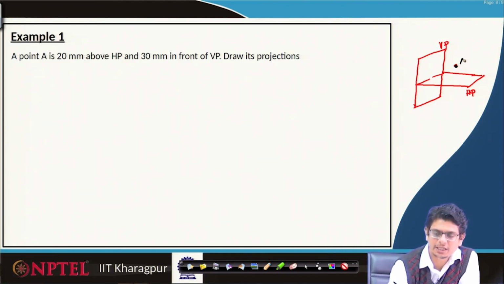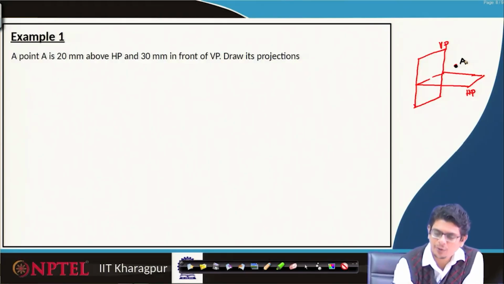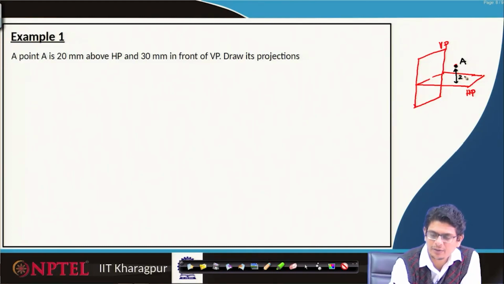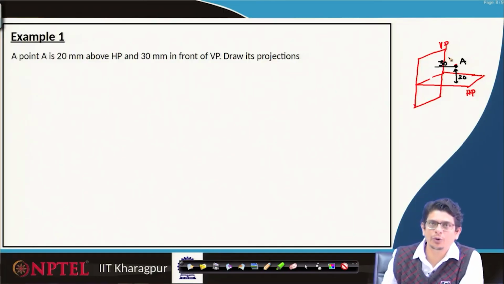The point is this, let us call it A. This is 20 millimeters above HP, and it will be 30 mm in front of the vertical plane. If that is the case, we have to draw projections.